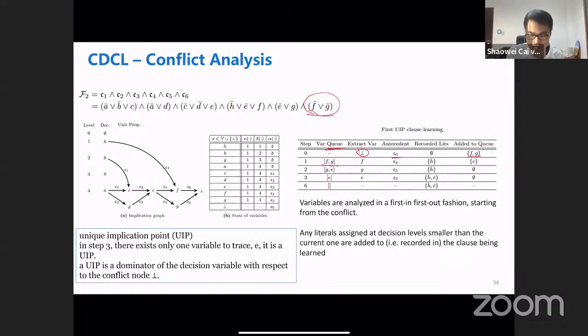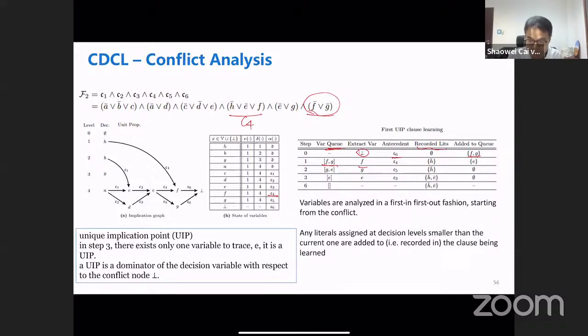Then we go to a new step. In this step, we have variables F and G, and with the first-out function, we take F to analyze. We find the reason clause of F in this table. The reason is the fourth clause. Here we find the recorded literals.